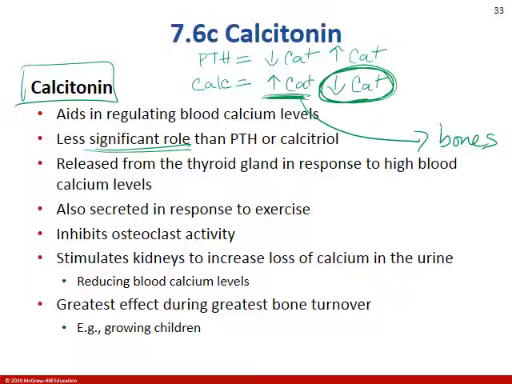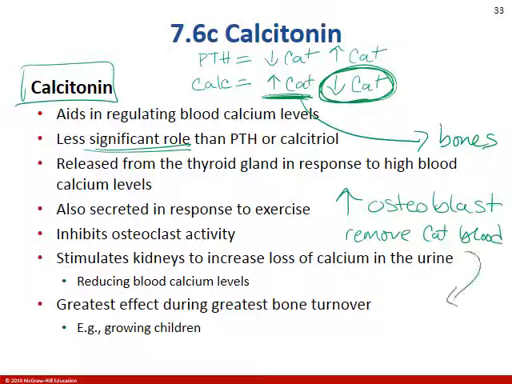So you would think that calcitonin, if you're going to remove the calcium, you're going to increase osteoblast activity, right? If you increase osteoblast, you remove calcium from the blood, and where do you store it? You store it in the bones. We also want to inhibit osteoclast.